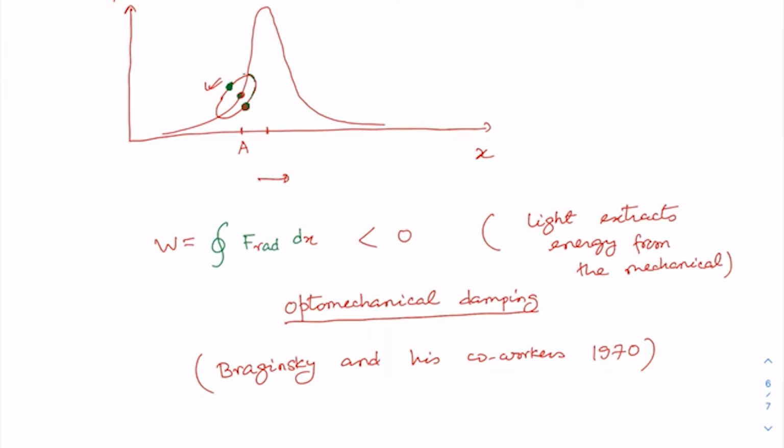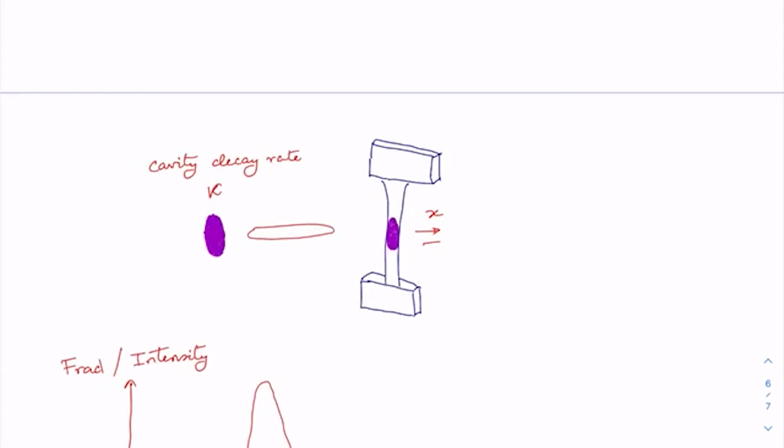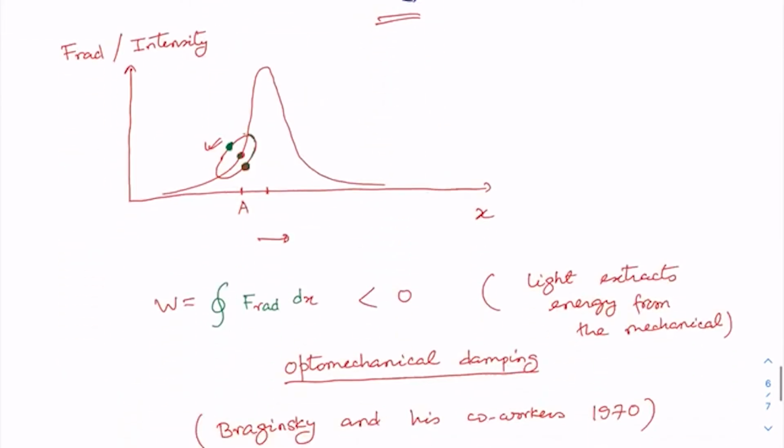And such a mechanical object, this kind of cantilever, is usually coupled to a fluctuating thermal environment, and because of this damping force, which is usually associated with little noise, it also cools the mechanical mirror.